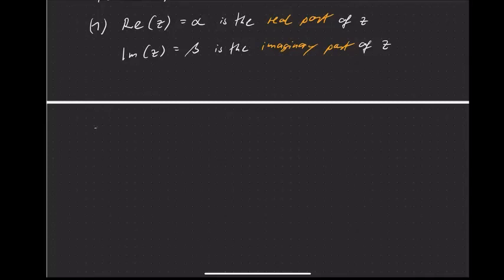Okay, then there's one more operation for the complex numbers that we don't have for the reals, and that is the so-called complex conjugation, denoted by just writing a bar over the number z. That is alpha plus i beta conjugate, and that is simply defined by replacing the plus before the imaginary part by a minus, right?